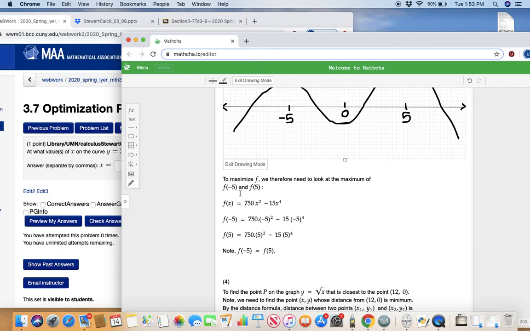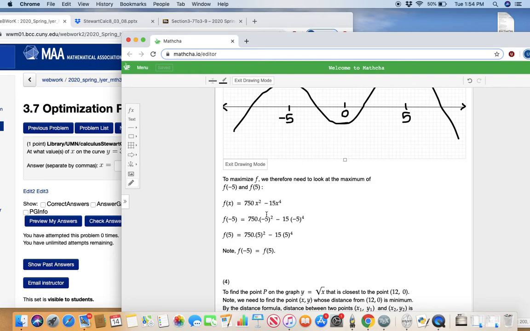So I'll plug in negative 5 and 5 into my original function f, which is what I want to maximize. I plug it in and I plug it in. I should get equal values, it seems. Well, do I? Look at that. These are even powers.